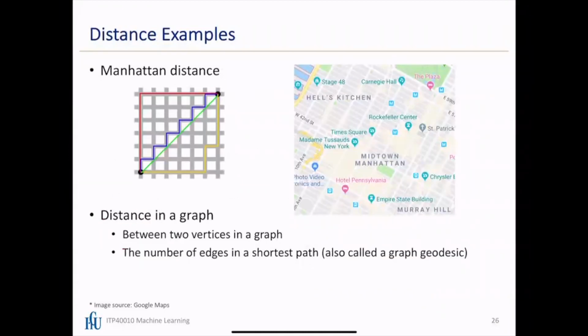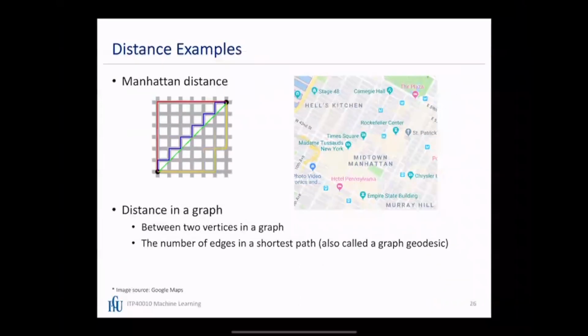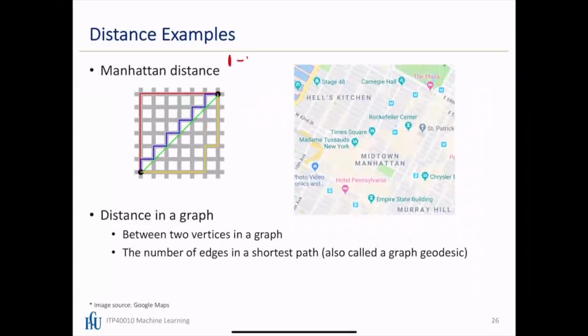We can visualize the distance in this space. In the case of the one norm distance, it has a special nickname, the Manhattan distance. If you go to the city Manhattan in New York, everything is planned and in a really nice grid shape. If you want to go from one place to another, if you could go in this direction, you would be really happy because this is the shortest distance.